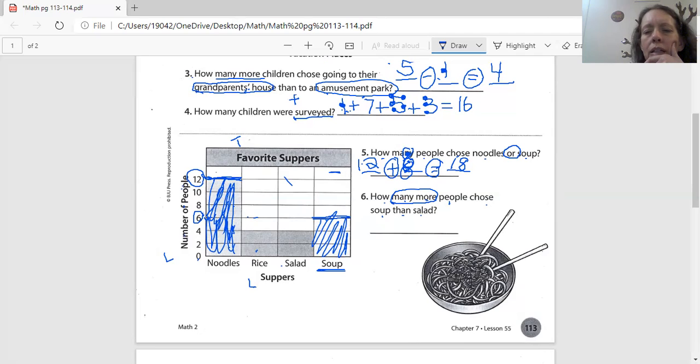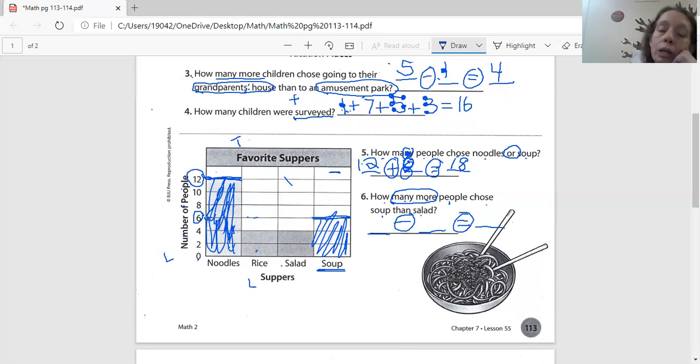I need a subtraction sign in there, and I'm going to need an equal sign in there. So I have line, circle, line, circle, line. Okay, now I just need to know what goes in here.